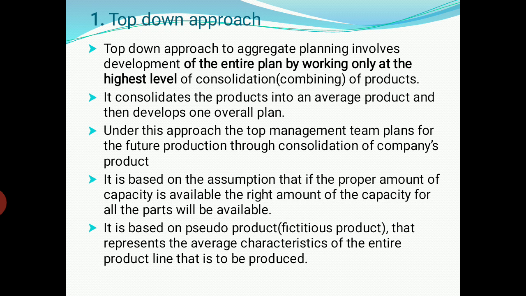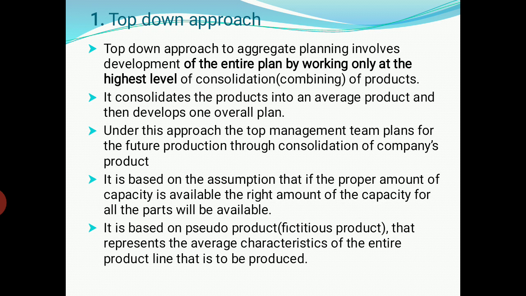An average product is a kind of product which has the characteristics of all these A, B, C, D, E types of product, and then an average is found out. So with that average, for producing this average product, whatever the requirements are, we make the arrangement for the same, and then we work out each product. This is what is known as the top down approach.